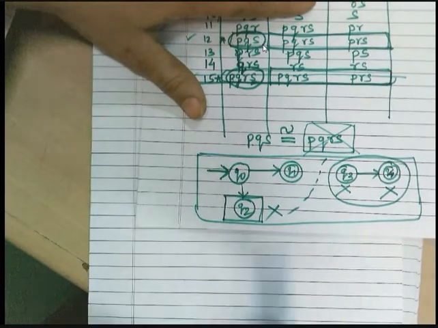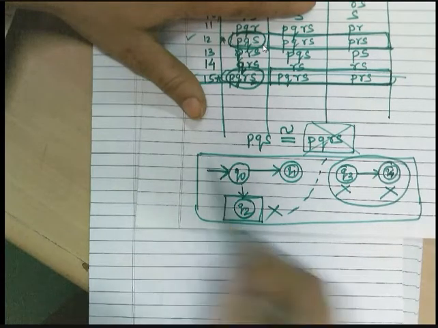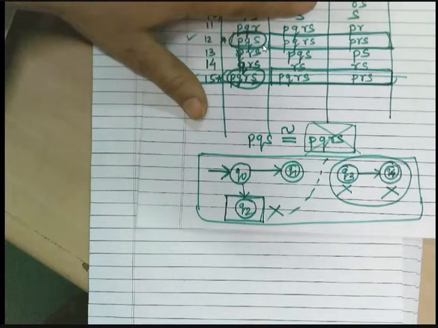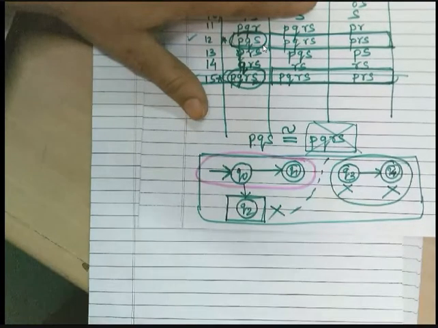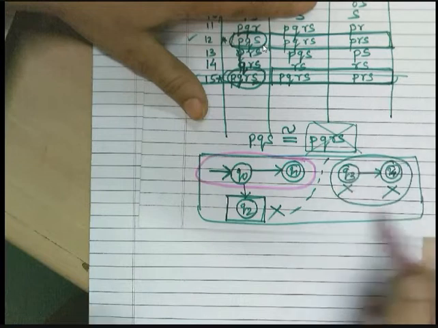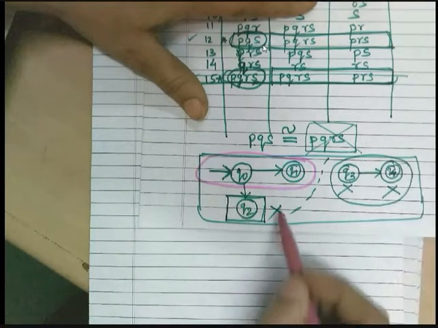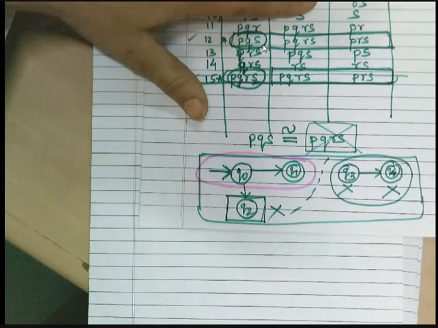It will have only two states, that is Q0 and Q1.